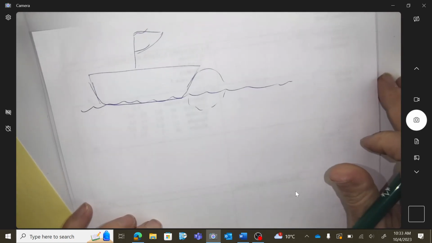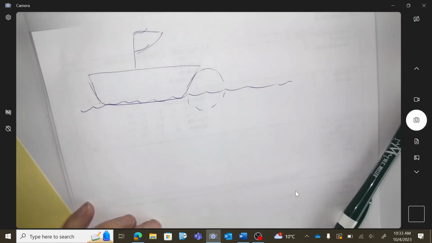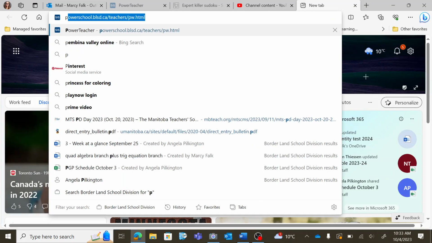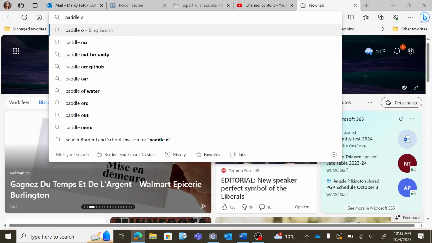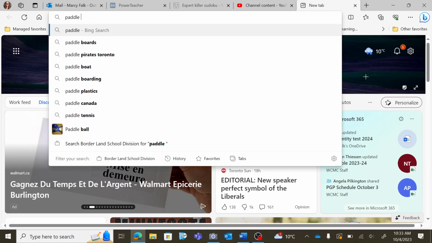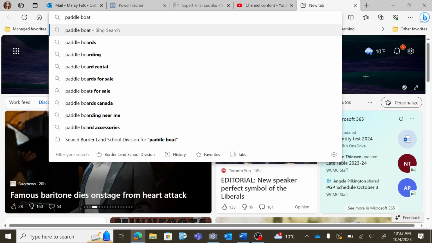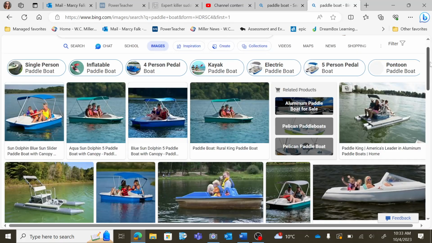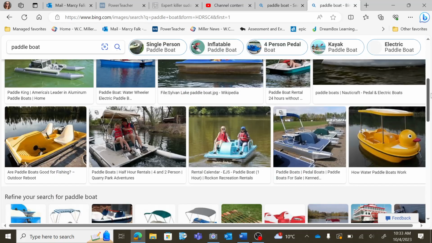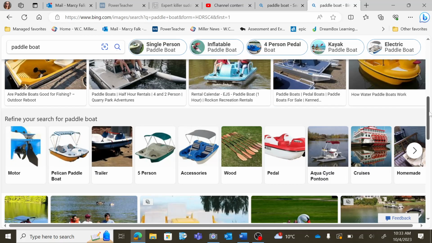I'm trying to make you guys visualize what is happening, or I could just Google a visual for you here. No, that's not what I'm thinking of. We have one at the cabin.